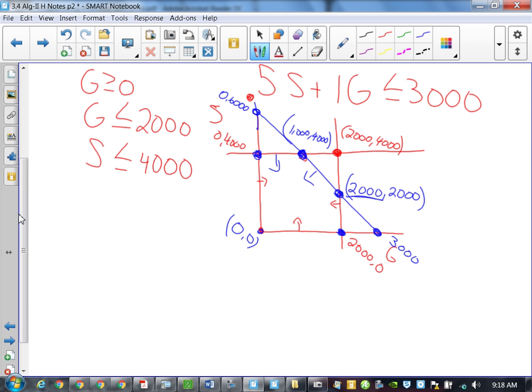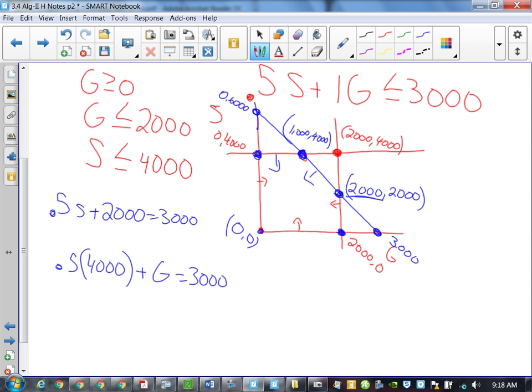I'm just substituting in quickly. I'm just saying that 0.5 times something plus 2,000 is just 3,000. You're just making that less than or equal to sign like an equal sign, right? Yes. And then I'm doing 0.5 times 4,000 plus something is 3,000. I'm just solving those two equations independently. That's all it is, because we knew that the X value for one of them was 2,000, we knew the Y value for that was 4,000. That's all it works out to be.